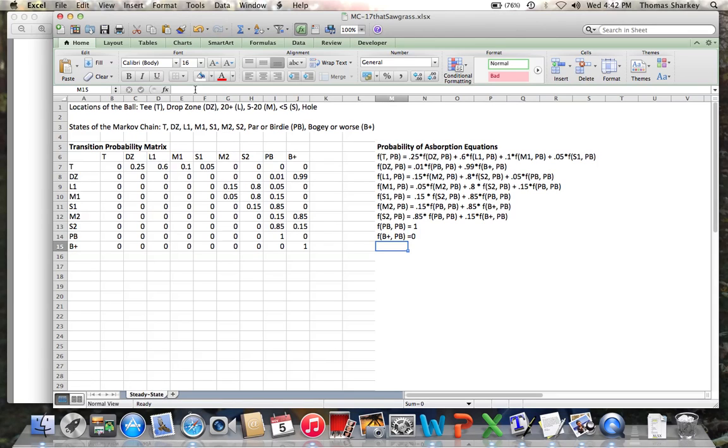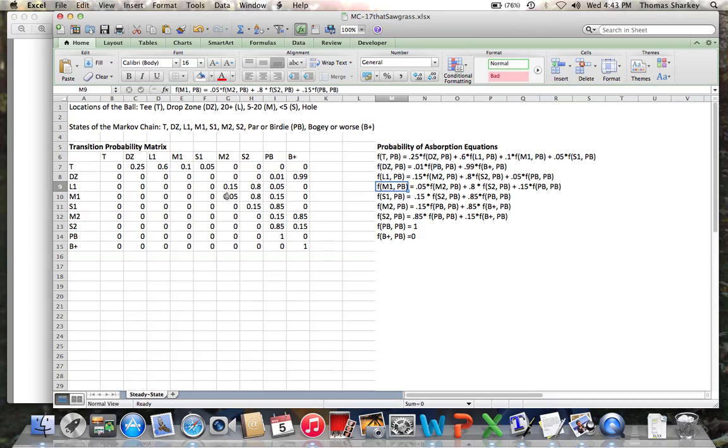We've defined this, and again, what we are doing is looking at the transition probability. So in order to get, say, F of M1, comma, PB, what we did is we looked at the transition probability matrix out of M1, and we took each positive probability into state J and multiplied that probability by F of J, comma, PB.